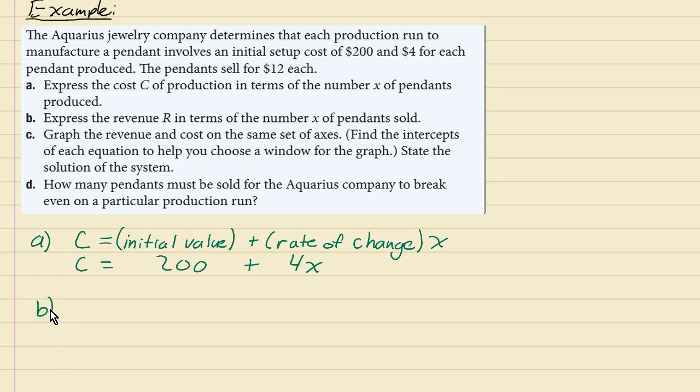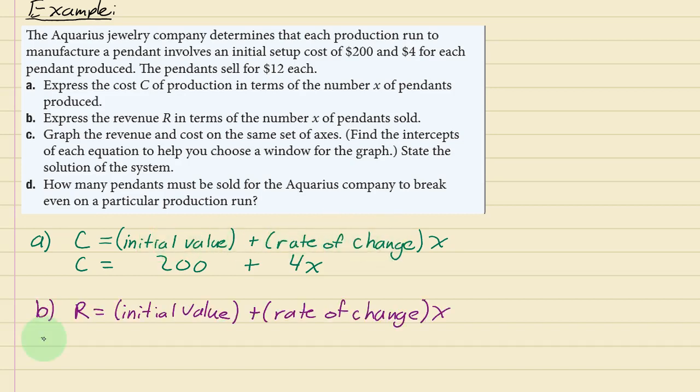Now part B is saying to express the revenue in terms of the number of pendants sold. So we could still do the same idea as before, where there's going to be the initial value plus the rate of change. But for this one, the initial value is going to be how much money is made if X is 0, if you sell 0 pendants. So that's going to be $0 for making 0 pendants.